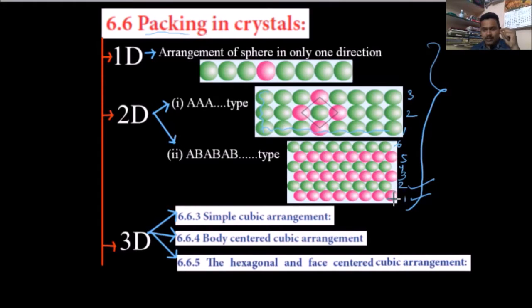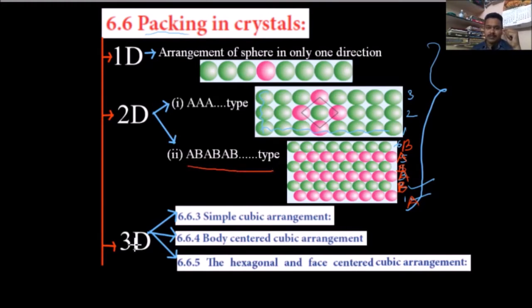So this is the A layer, and the next one is different. Now this is the B layer, again similar to the A layer, again B layer, again A layer, again B layer. That is why this arrangement is called ABAB type.